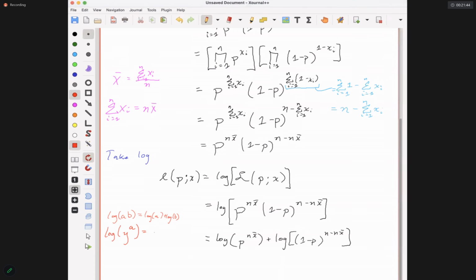It's a times log of y. So when we have the log of something raised to a power, we can simplify by bringing that power down to the front of the logarithm. Does that make sense?